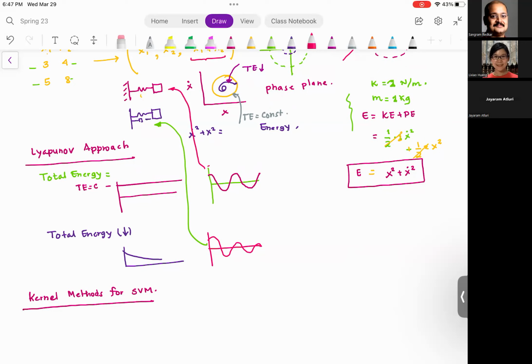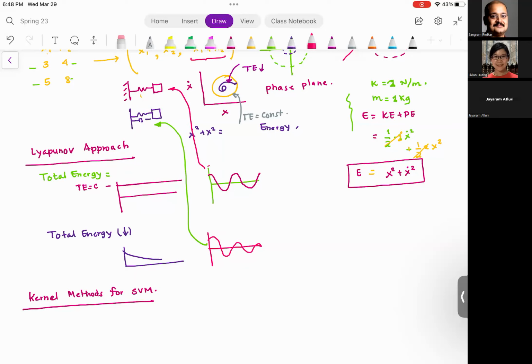If you have a damper, the damper is going to absorb some amount of energy in every oscillation. A classic example is a spring mass system on Earth: you pull the mass and let it oscillate, and after some time, because of the air resistance, the mass comes to a complete stop.